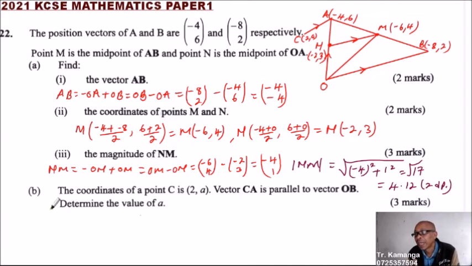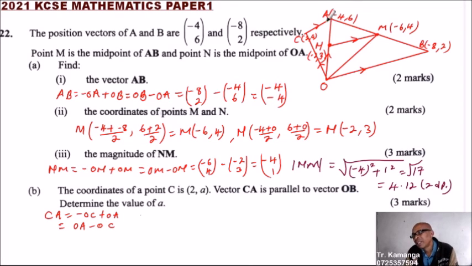With that, you can say two parallel vectors. Let's first of all find CA. From C we can draw another vector to represent vector OC. So CA is minus OC plus OA, which we can write as OA minus OC.